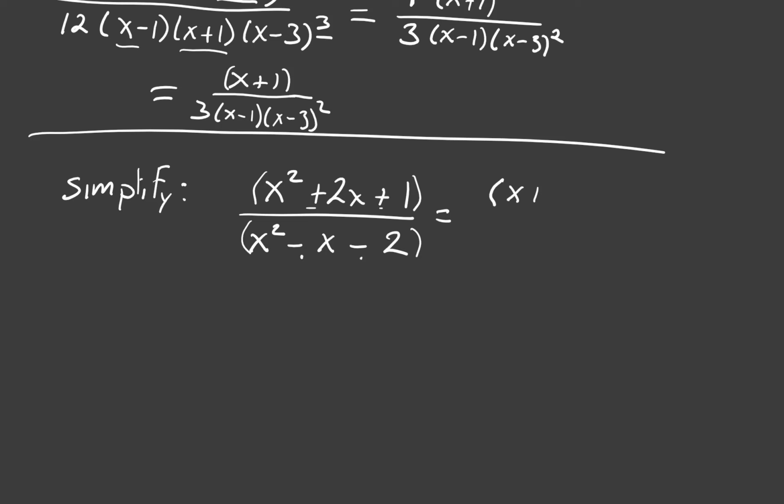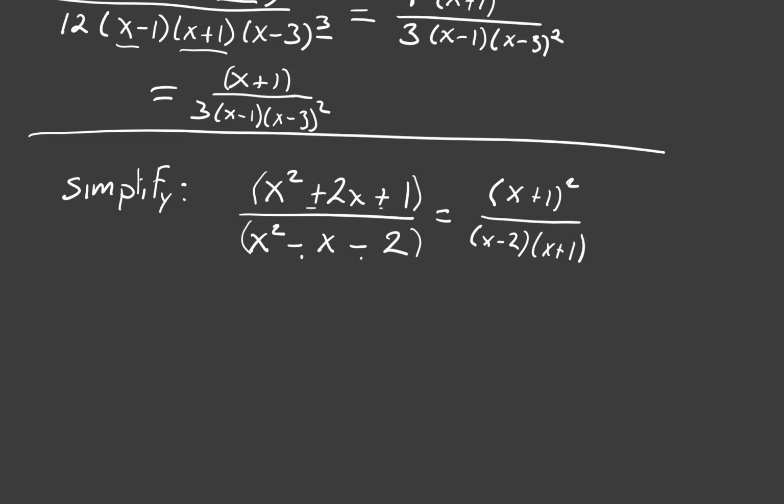If I factor x squared plus 2x plus 1, I get x plus 1 squared. And on the bottom, this looks like it's going to be x minus 2 times x plus 1. After factoring, now I've got multiplication on top, x plus 1 times x plus 1, and multiplication on bottom, x minus 2 times x plus 1, and the division between them.